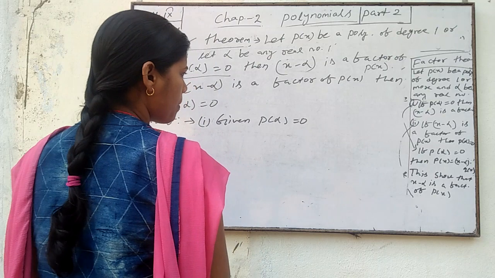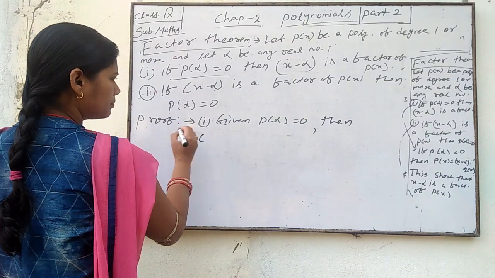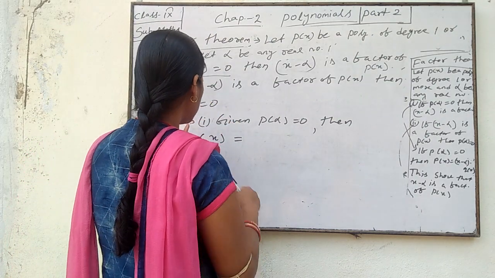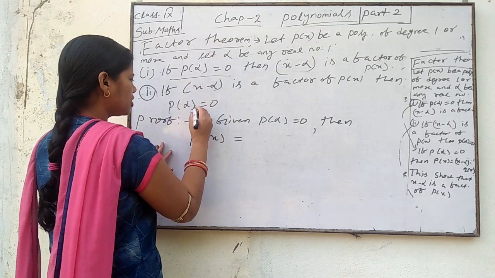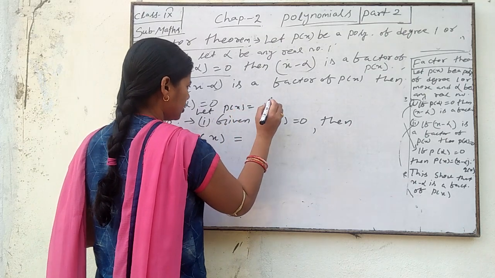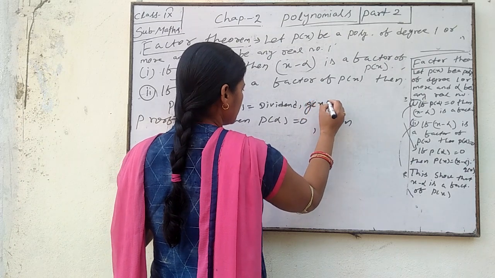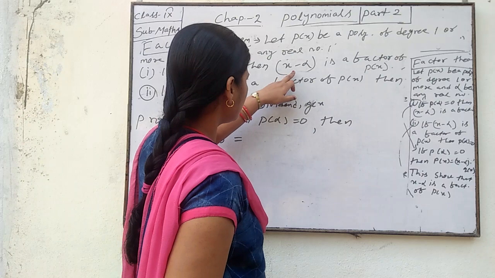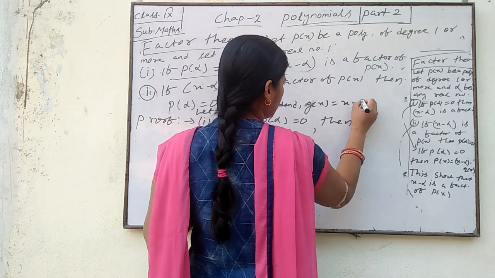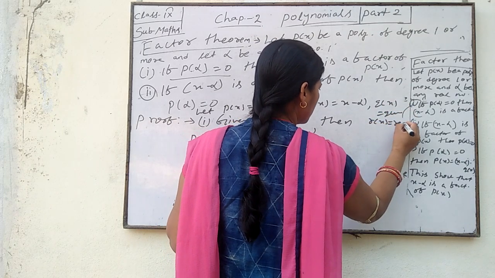Then p of x, by using the division algorithm, the same way as in the remainder theorem, let p of x be your dividend and g of x your divisor, which is x minus alpha, and q of x the quotient and r of x the remainder.